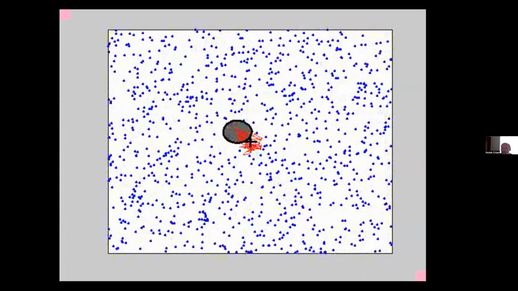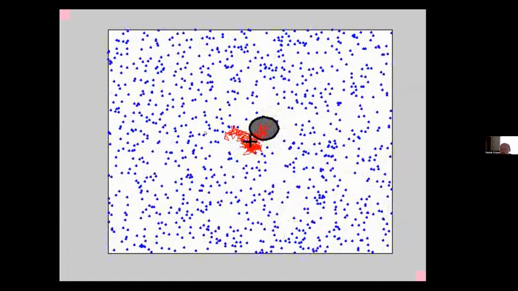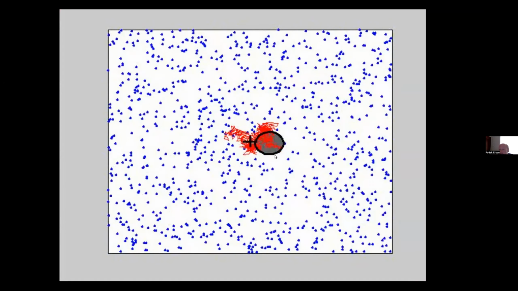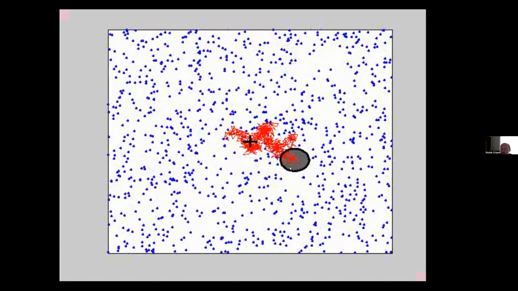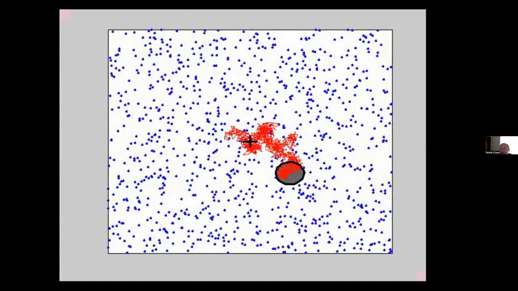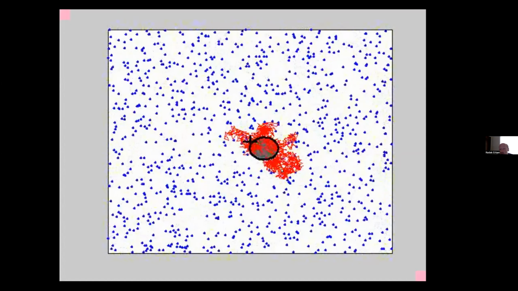It's a caricature model where I'm modeling these water molecules just by these blue point particles, which are going straight until they collide with this big ball, which is modeling a protein. You can see that in this case, I'm plotting the trajectory of this protein, and it looks like some sort of Brownian motion.